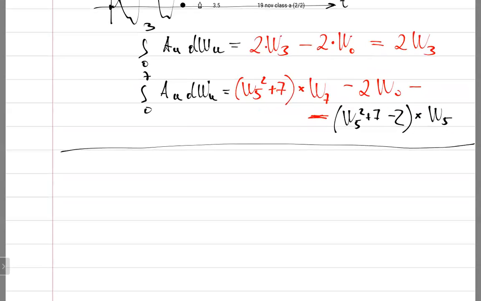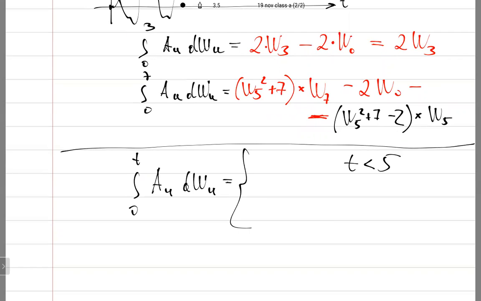Okay. So in general, in this case, the integral from 0 to t of A_u dW_u will be a function. I should consider 2 cases. Where t happens before moment 5, when I should buy cups, it is 2W_t.